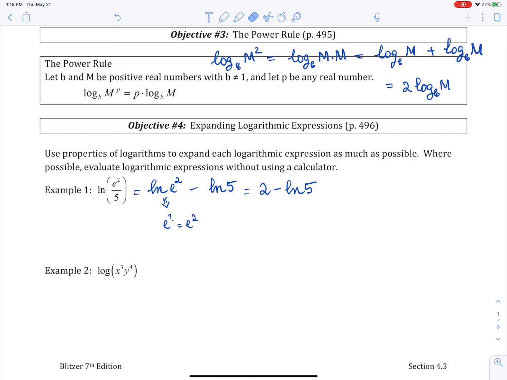Or I can also think about this question as use the power rule to move that 2 in front of the logarithm, and then natural logarithm of e is equal to 1, or logarithm base e of e is equal to 1 based on another property, or e powered by what is equal to e, and that's a 1. So that is 1.